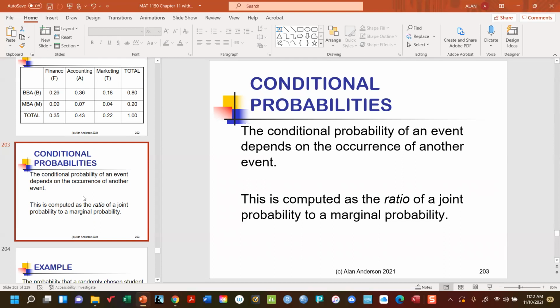So now here's what this is all about. This means, let me write it down here. What is the probability of A, given that B is true?